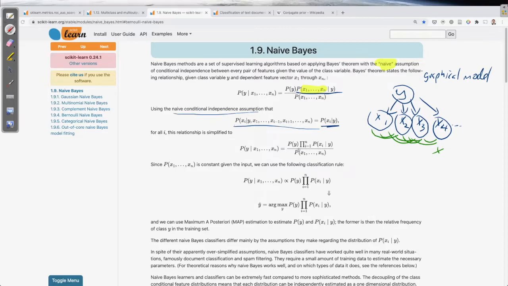We have our prior on the label, so say how likely is spam in general? Likely. How likely is the word dog to show up in a spam email? Low. Gold, high. Money transfer, very high. We just have these probabilities separately, which we can compute empirically from data, and we multiply them all together. And so the true Bayes rule setup of this is this. This is still Bayes rule.